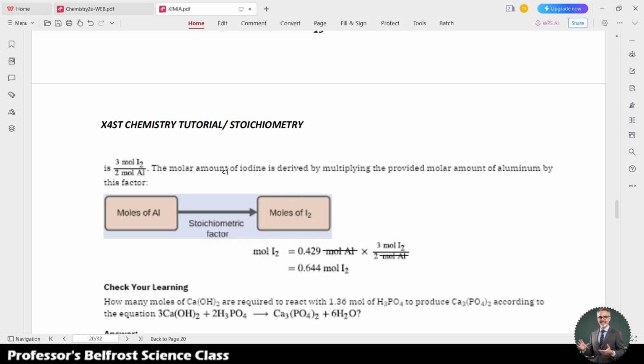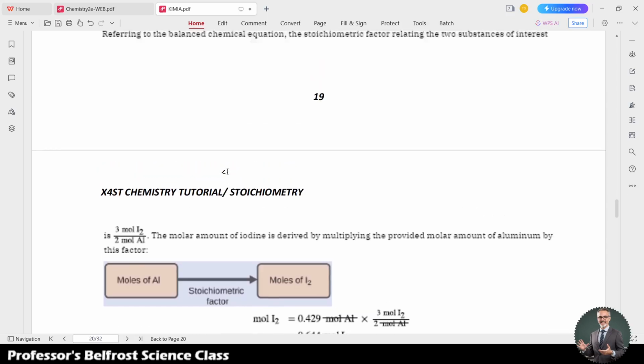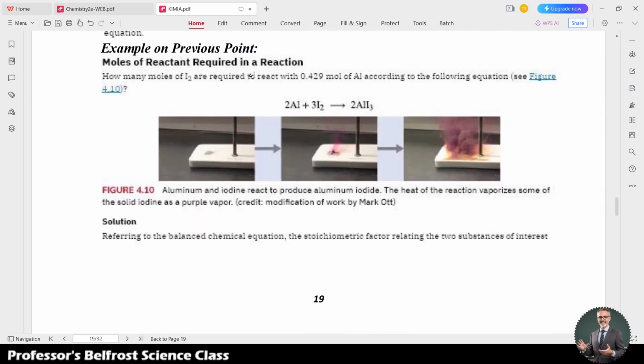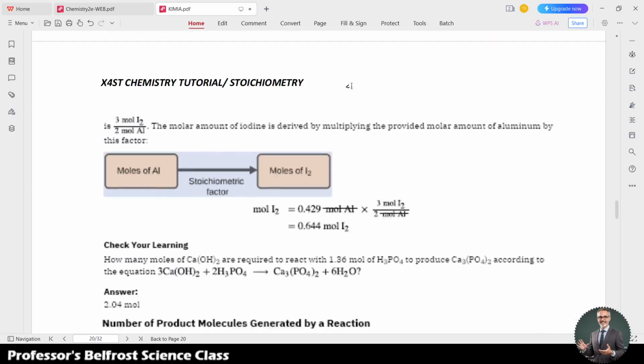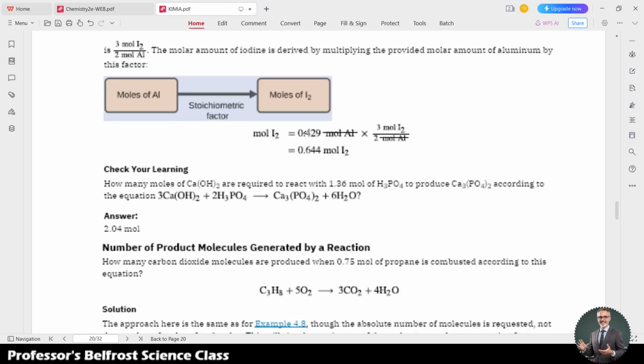We have 0.429 mole of aluminum, so we need 0.429 times 3 by 2. It means that we need 0.644 mole of iodine to get the result that we want.